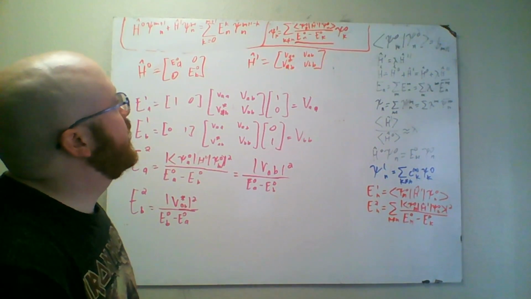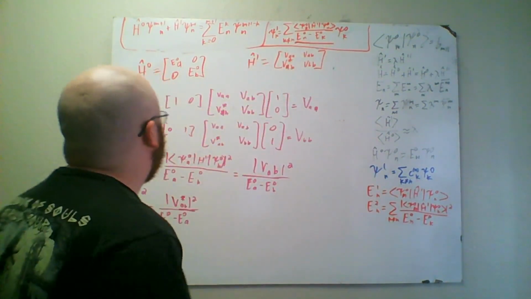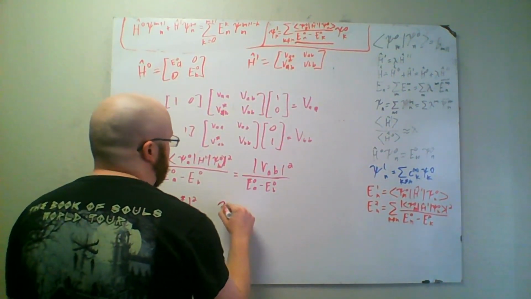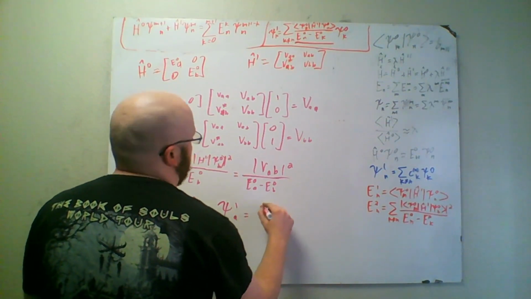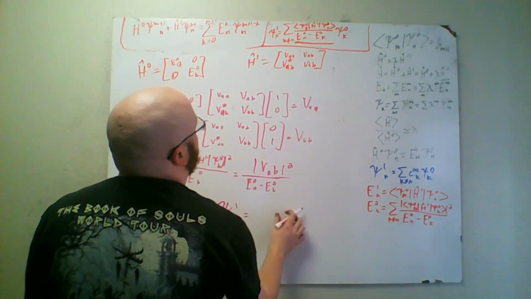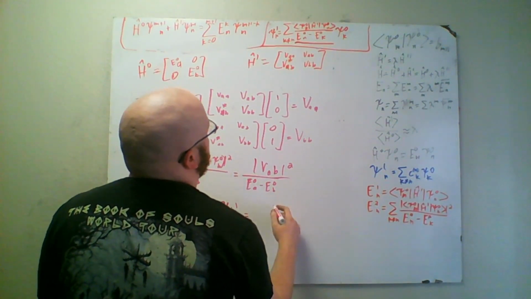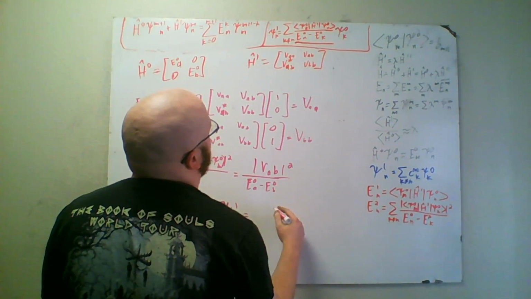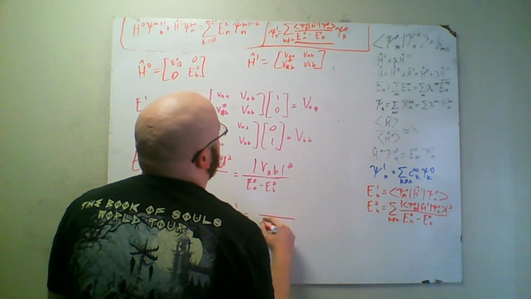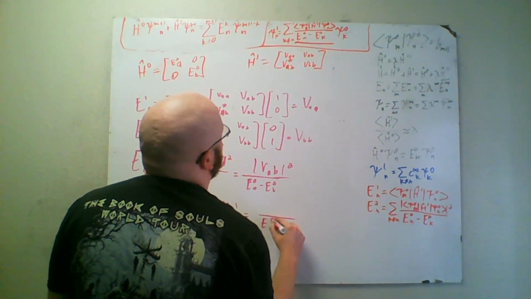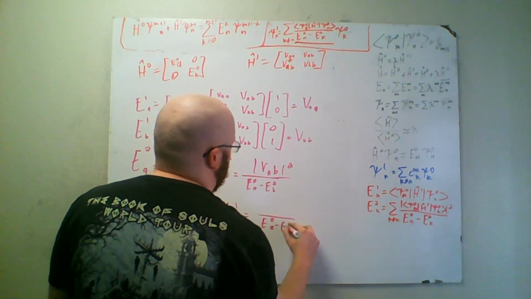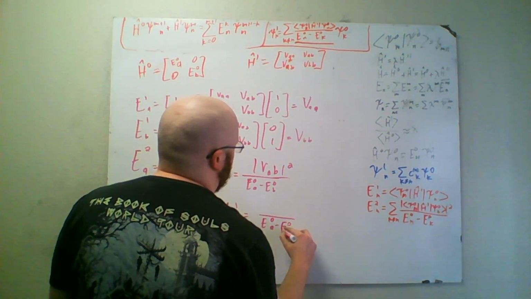And then if you want the eigenfunction, you just plug them in here. So psi 1A equals, there's only one term in there. Order won't matter. So we end up with E0A minus E0B.